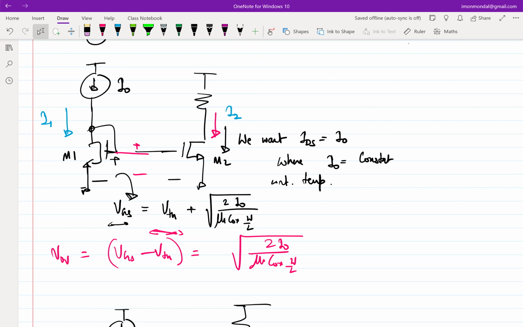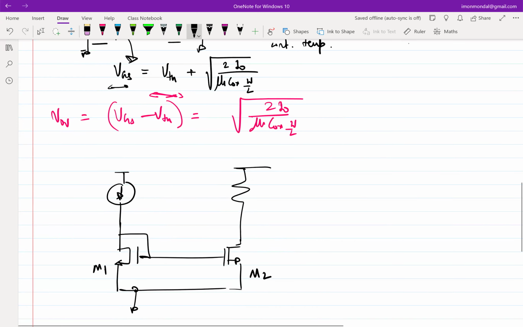So his point is, I simply cannot connect it like this and assume that both currents will be equal, because we have to ensure that M1 and M2 are in saturation. M1 is already in saturation because the drain and gate voltages are the same. We have to ensure that M2 is in saturation. So we cannot use an arbitrary value of the resistor. But that is a designer's choice, so I can at least ensure that the value of R is not such that the transistor goes out of saturation. But that's a very good point.